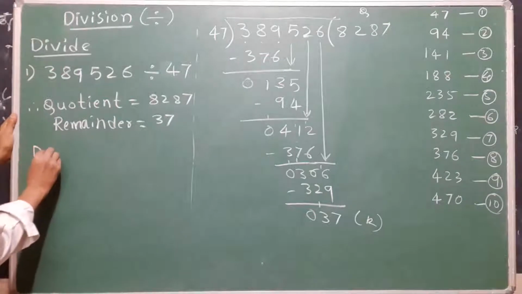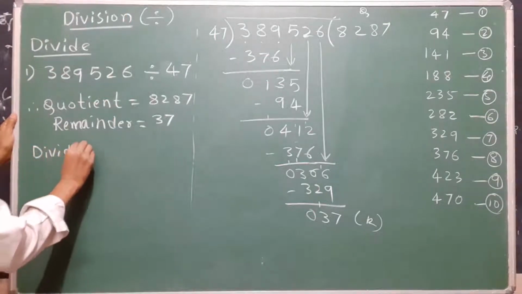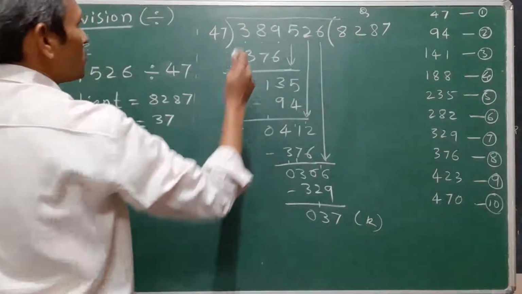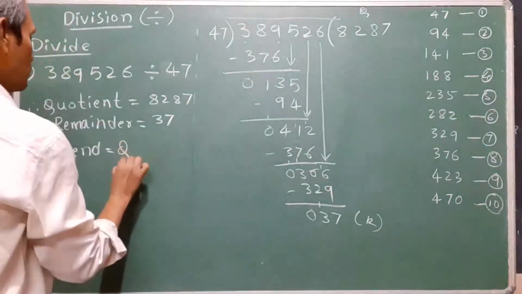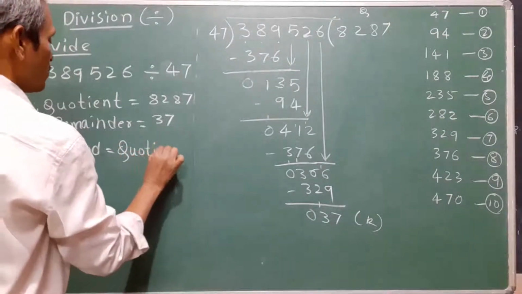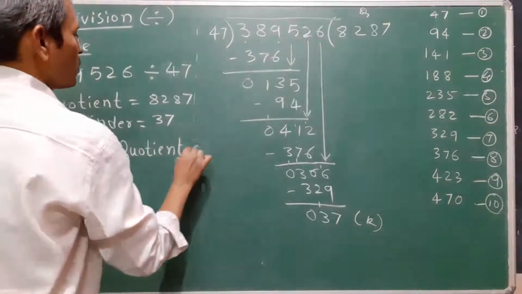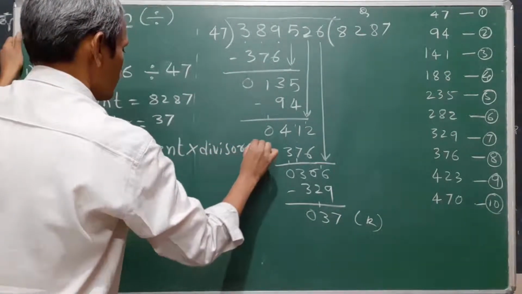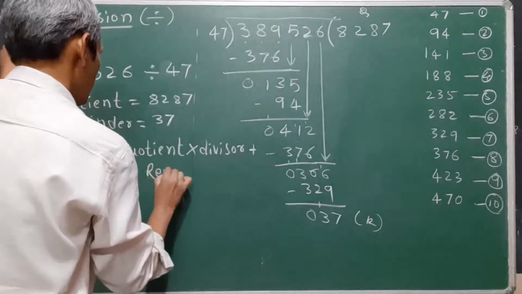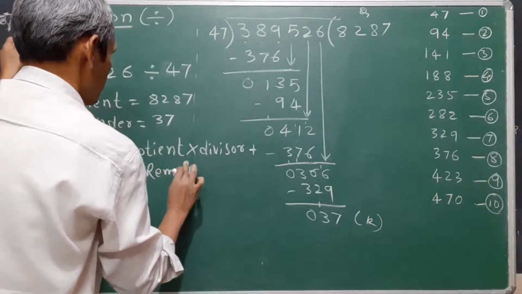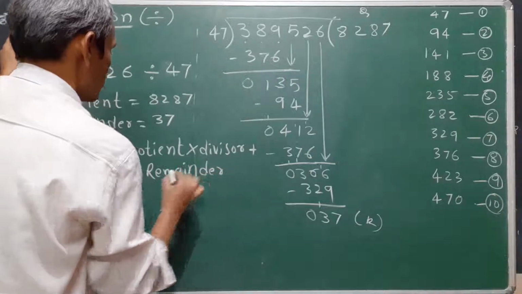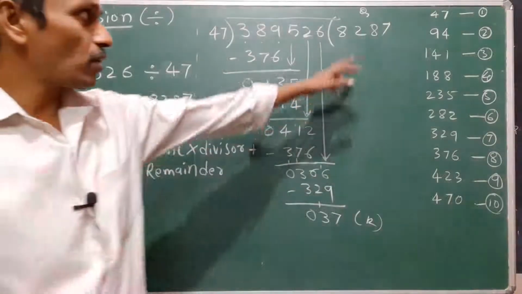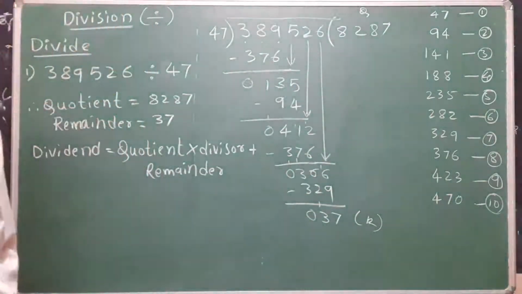By using the formula, dividend is equal to quotient into divisor plus remainder. By using this formula, we can verify whether the quotient and remainder we have got are correct or not.